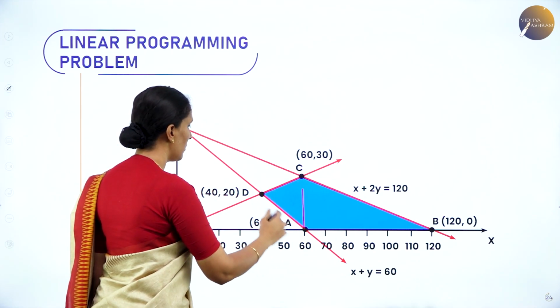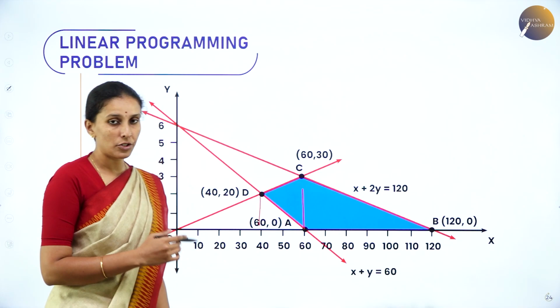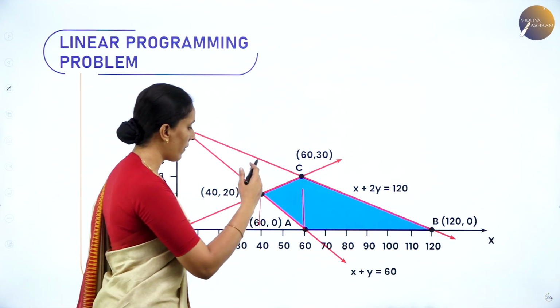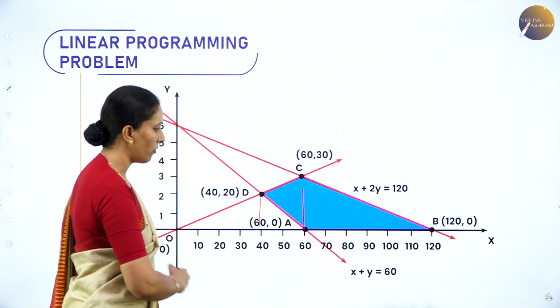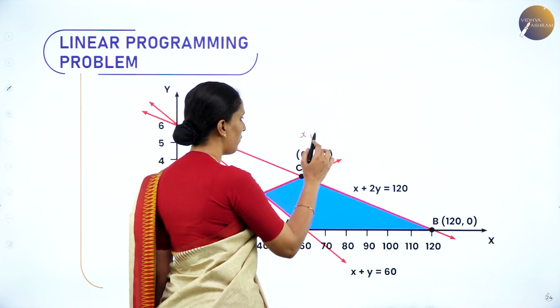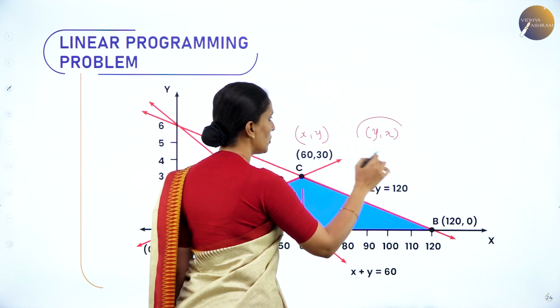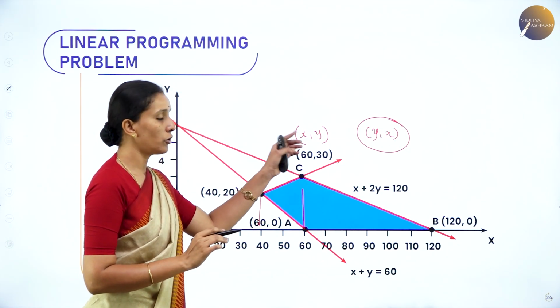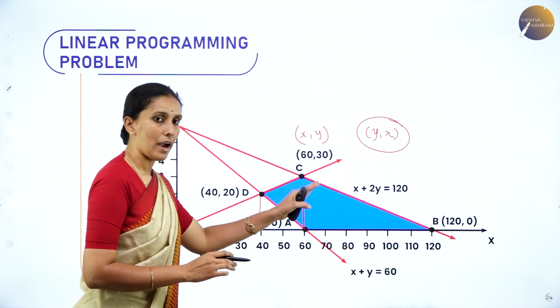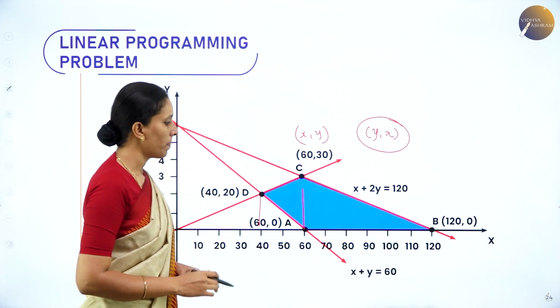The rest of the points can be recognized using your graph sheet. Always write in the form of x, y, not in the form of y, x. Do not confuse. The ordered pair should always be x first and y second.